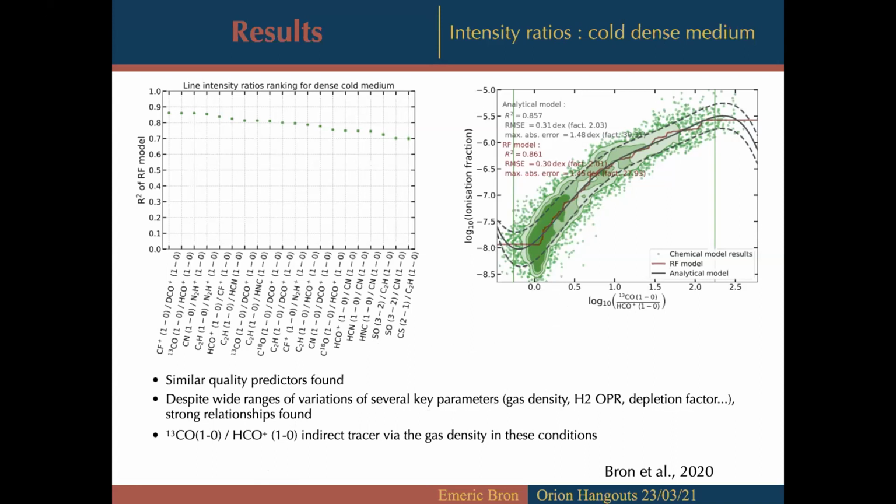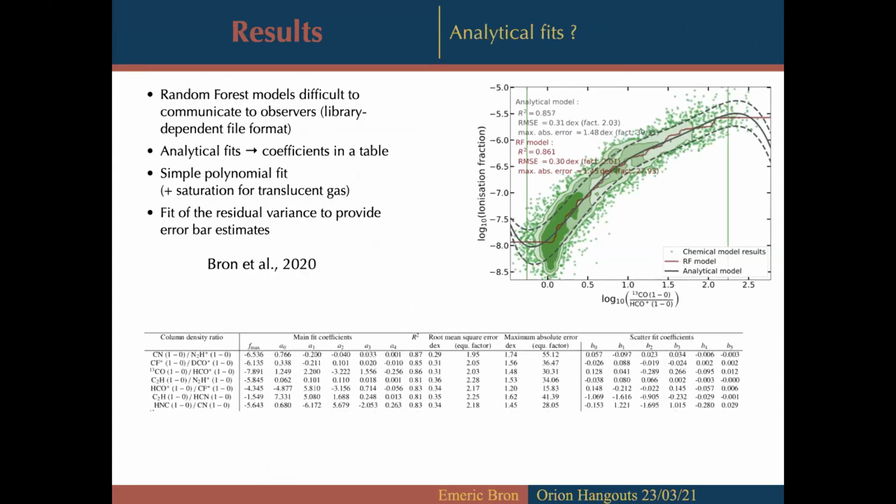And finally, we can use the random forest models that we have trained directly once we have observations to estimate the ionization fraction, but those are a bit complicated to provide to observers so that they can easily use them, because they will be based on library-dependent file formats, which might change over time.